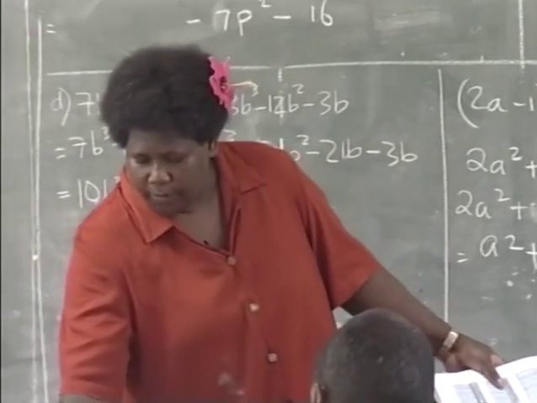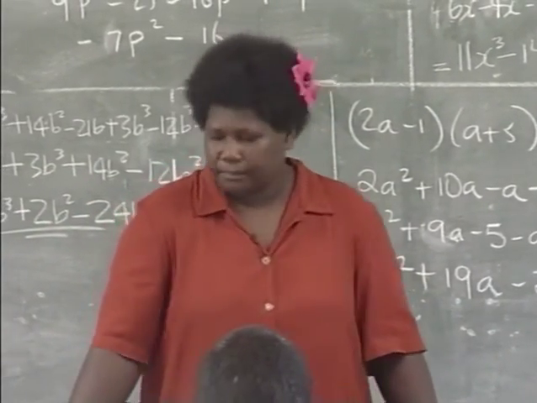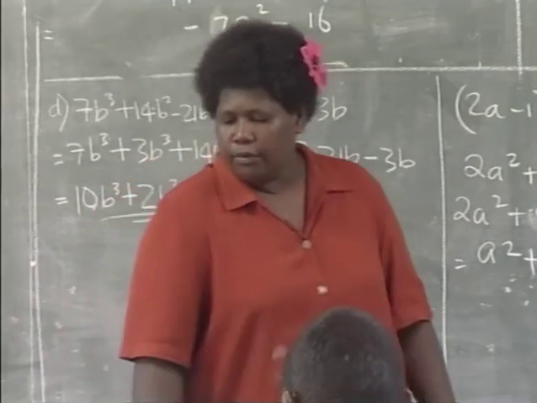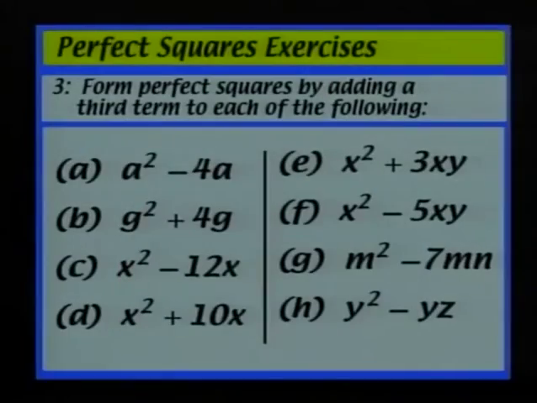All right, for homework, sorry we couldn't do what we were supposed to do. We'll do that next lesson. But for homework, listen, it says, form perfect squares by adding a third term to each of the following. To find the number that you will add, you get half of this number and then you square it.